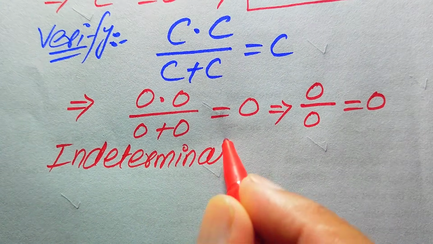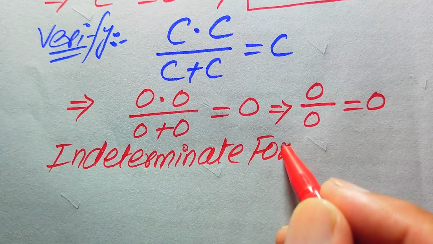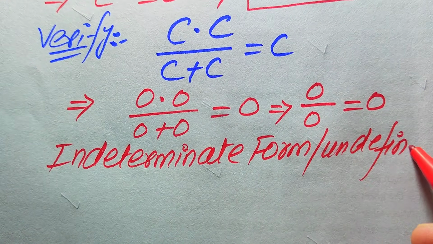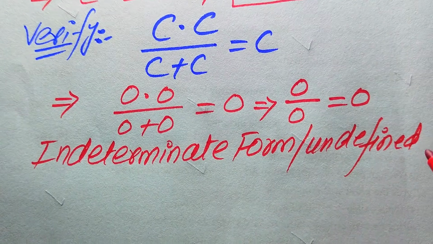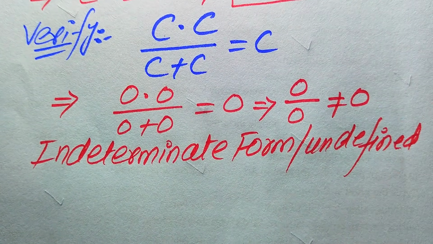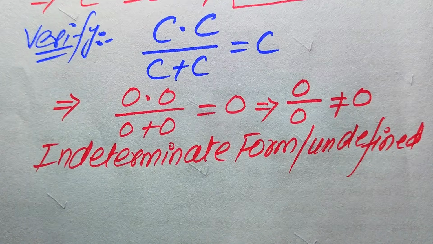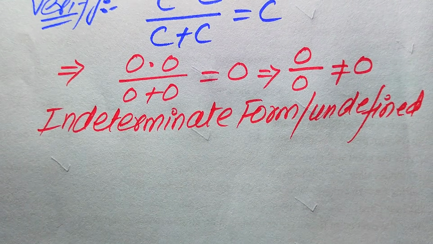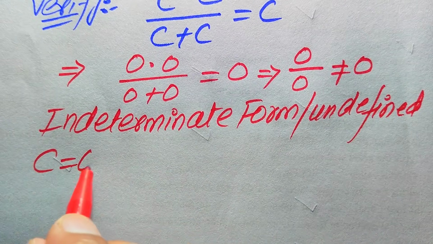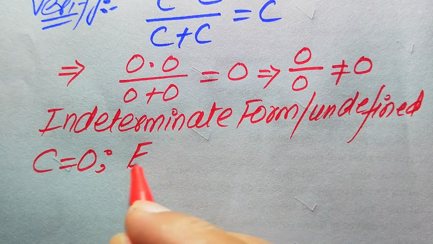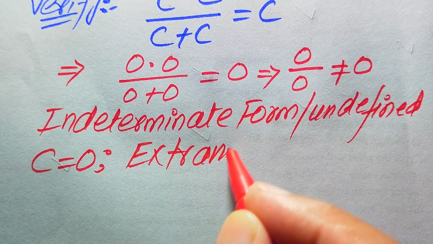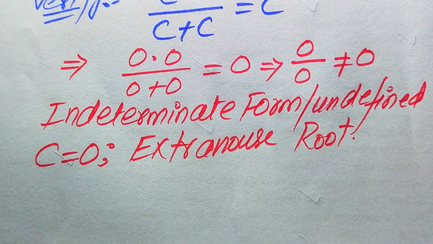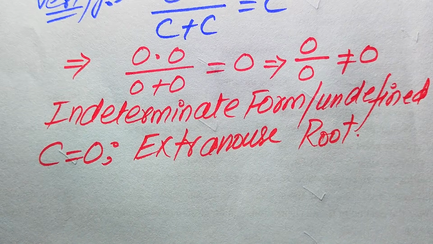So if the left hand side is indeterminate form, or in other words, we say that it is undefined, this means that both of the sides are not equal. And if both of the sides are not equal, this concludes that the value c is equal to 0 does not satisfy our given question statement, and we call that c is equal to 0 the extraneous root of the given equation. Okay, this is the extraneous root because it does not satisfy our given question statement.